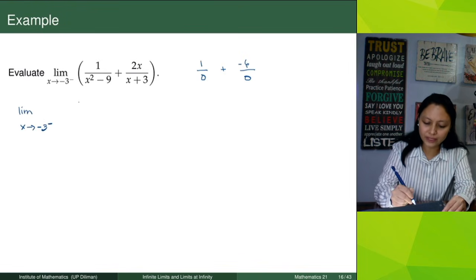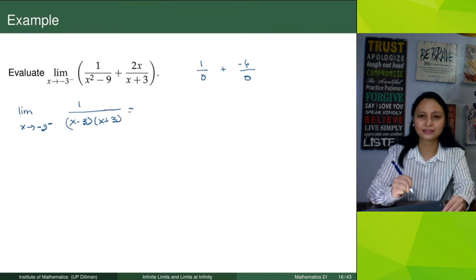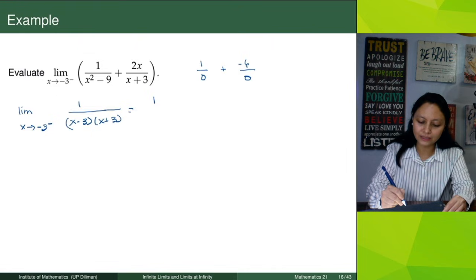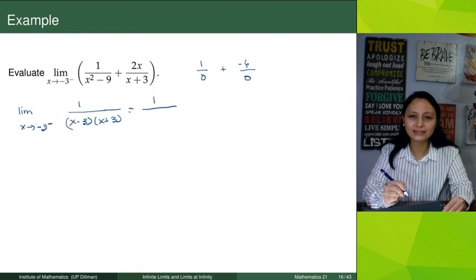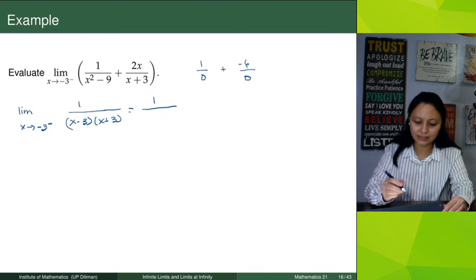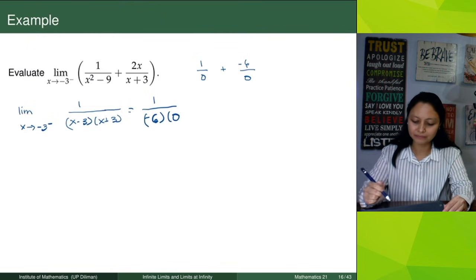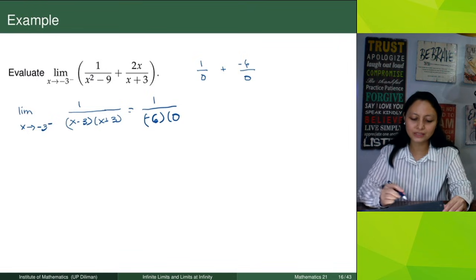So, yung 1 over x squared minus 9, mas maganda na i-factor natin siya as x minus 3 times x plus 3. Okay? Then, evaluating, you get 1 over negative 3 minus 3 is negative 6, times negative 3 plus 3 is 0. Then, let's check how you are approaching 0.